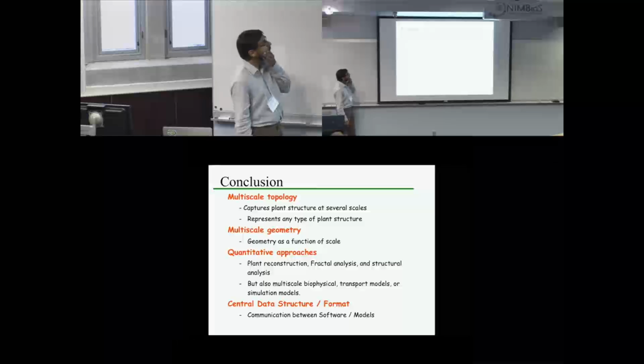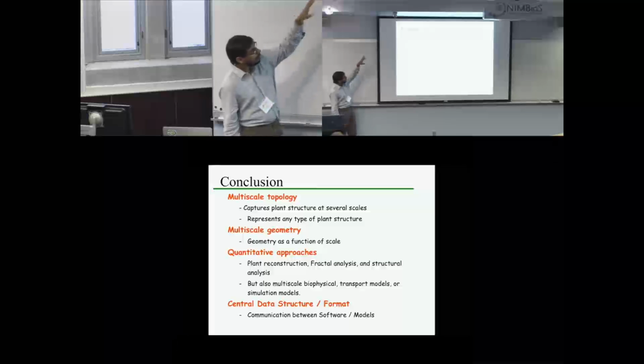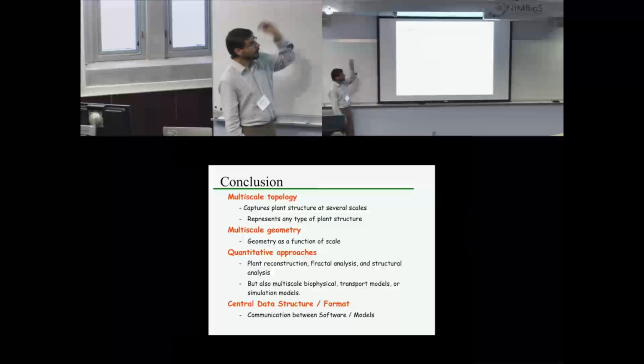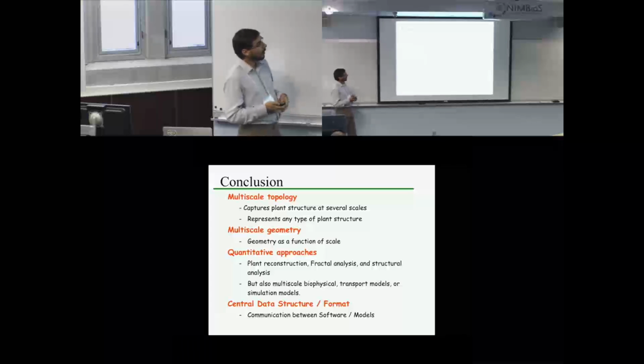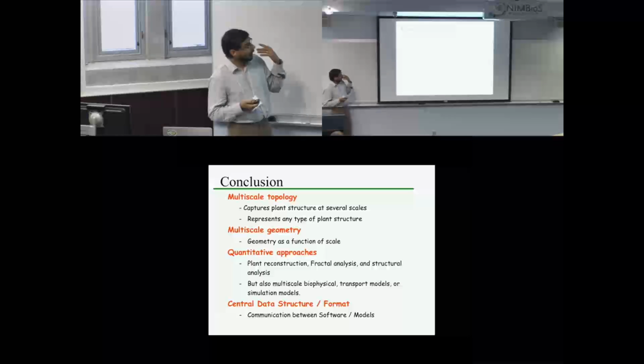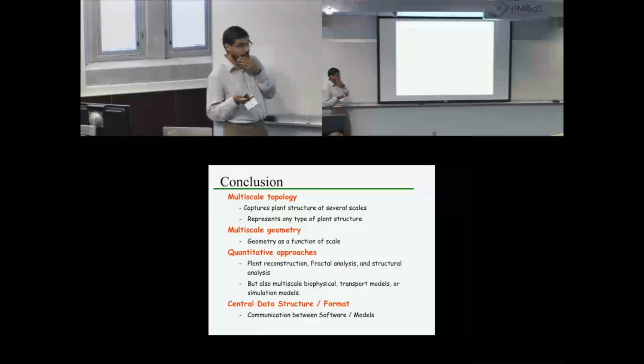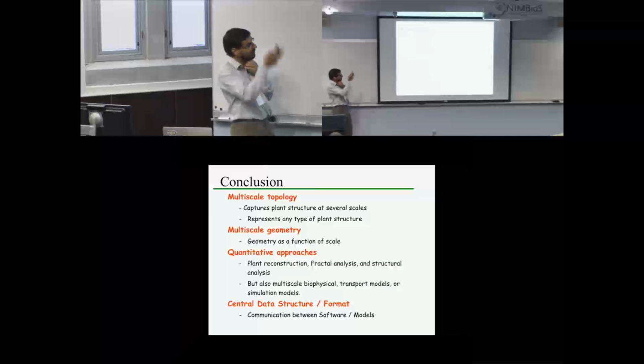So just to conclude, we use multiscale topologies mainly to capture the plant at different scales, not depending on the applications, but depending on the plant architecture. And also to have a kind of standard to represent plant architecture. The multiscale geometry is used as a function of scales, and it's also used to have different modeling strategies based on the scale.